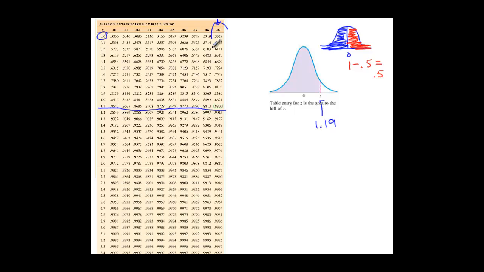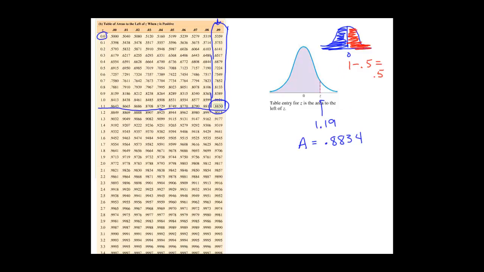Where these two columns intersect would be the area under the curve. So the area under the curve to the left of the z-score 1.19 would be 0.8834.